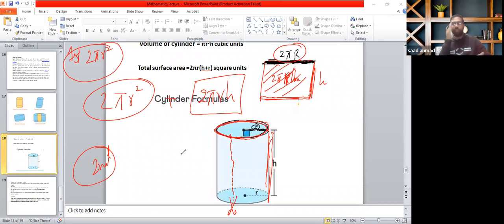Okay, so the other way we can do it is the same thing. We find the circumference of the circle, and we find the area of the circle. 2 times the area of the circle plus circumference times height.